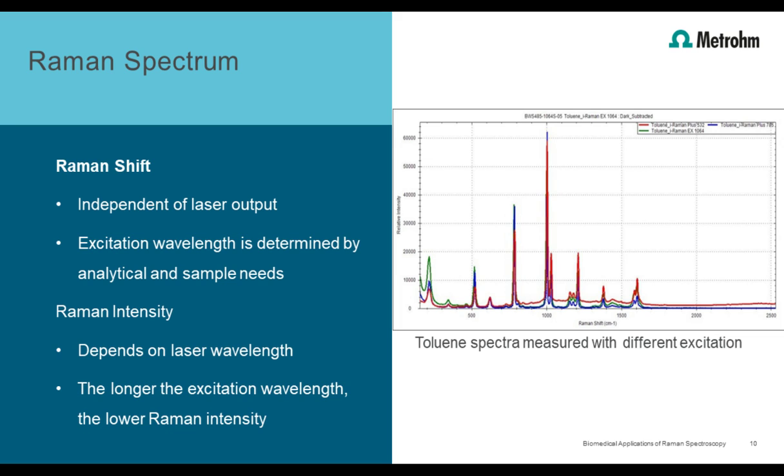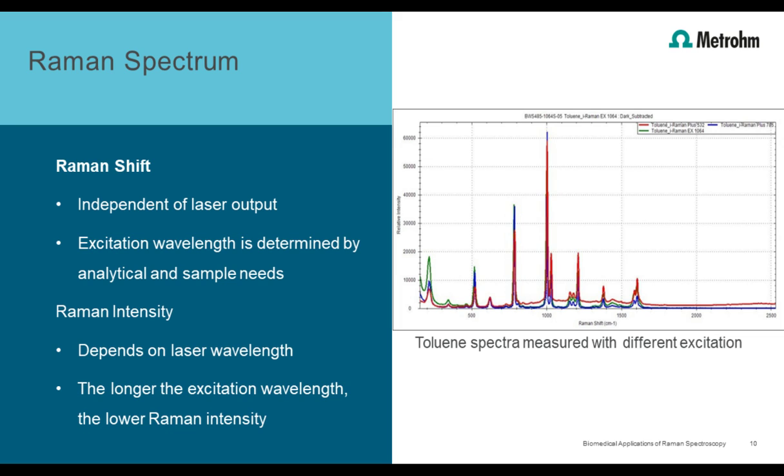In regards to Raman intensity, the Raman scattering strength is proportional to the energy of the laser that's used. This means that the higher energy laser we use, the more intense our Raman spectrum will be, which also means that the longer the wavelength we use, the lower intensity our spectrum will be because it's a lower energy laser.